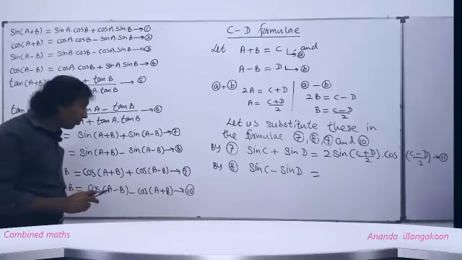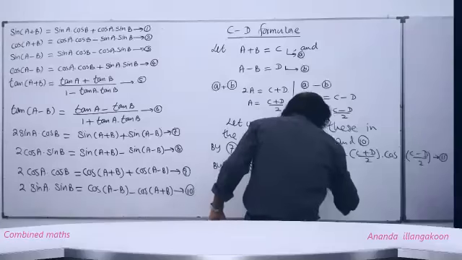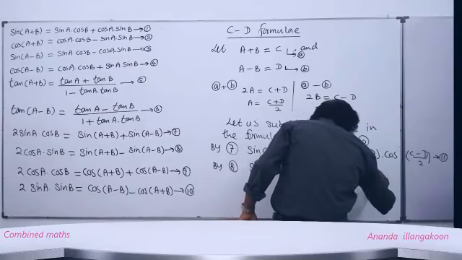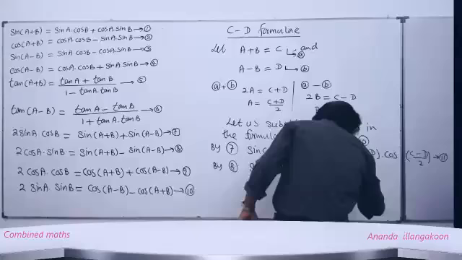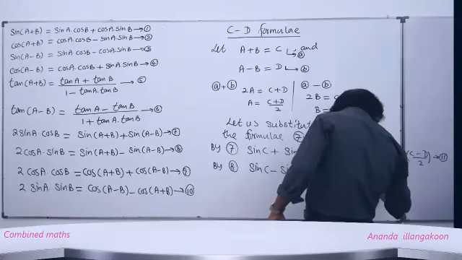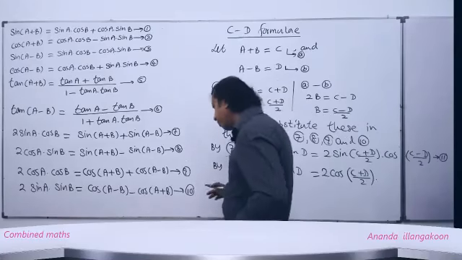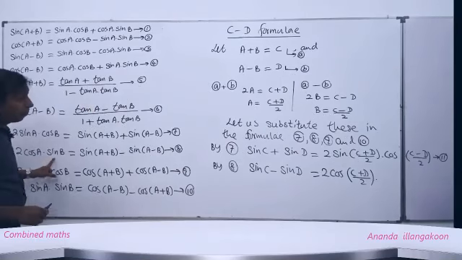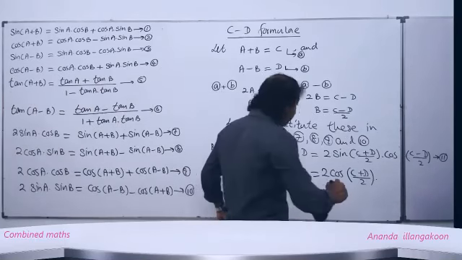Then 2 cos C plus D by 2 times, and people what? Sin B, C minus D by 2.